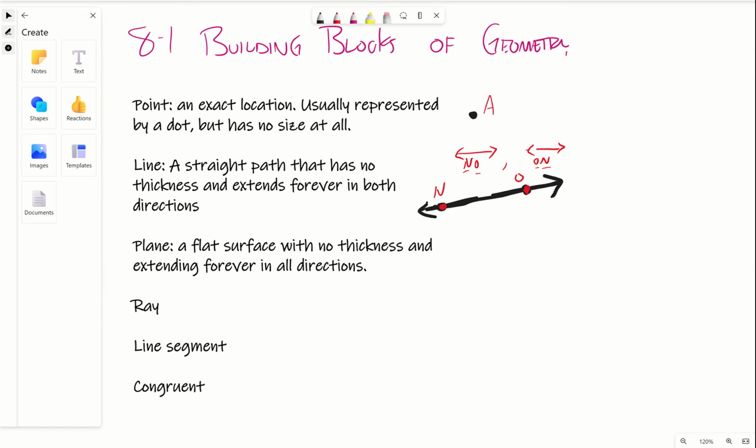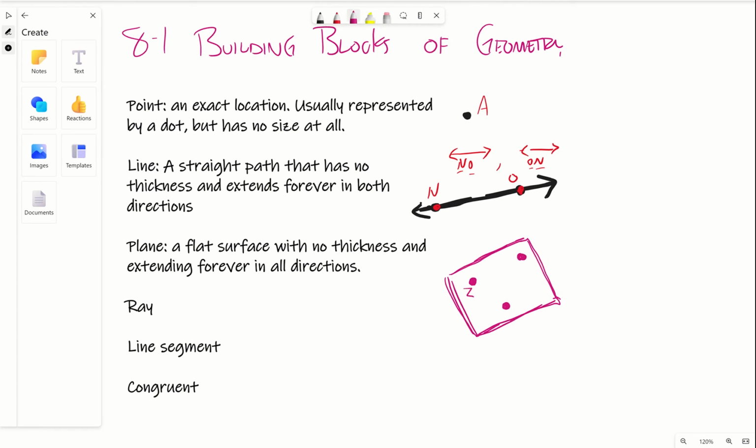So if I had a plane that looked, I don't know, just say it looked something like this. And within this plane, we had a point here and a point here and a point here, and we called these points, I don't know, we'll call these points Z, O, and E. We would call this plane ZOE.